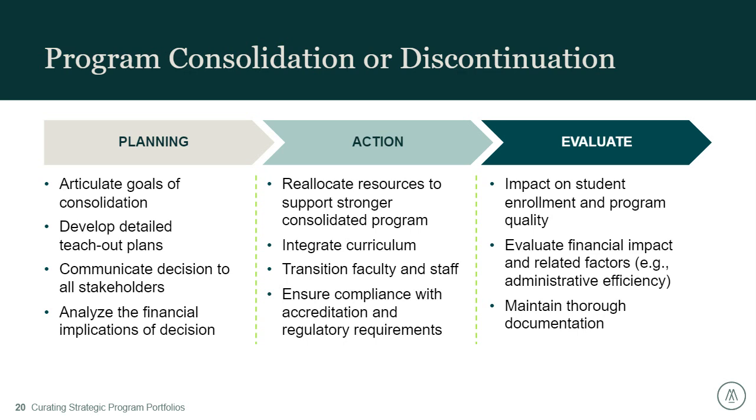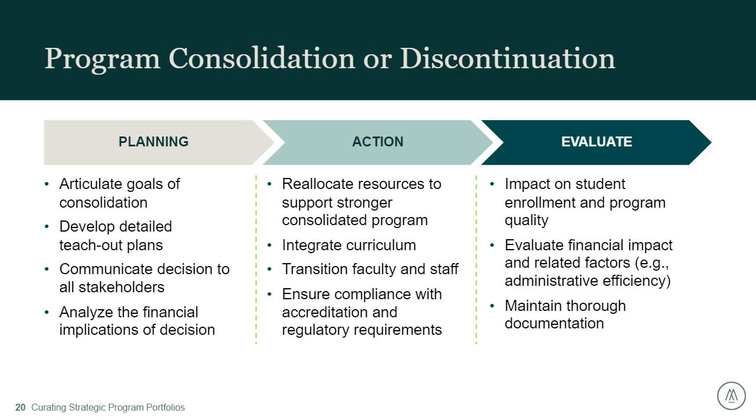Ensure compliance with accreditation and regulatory requirements. Then you evaluate. What's the impact on student enrollment, program quality? What's the financial impact to this? And then maintain thorough documentation of what you're doing from planning to action to evaluation.